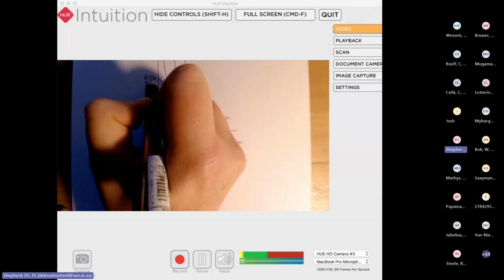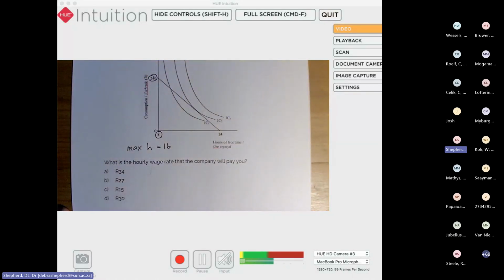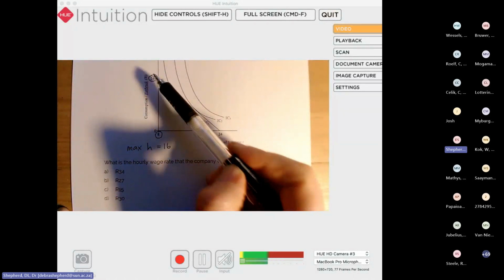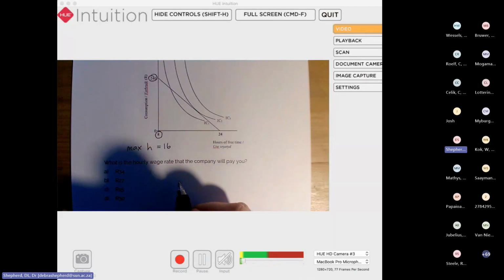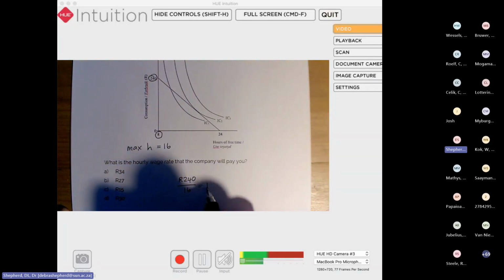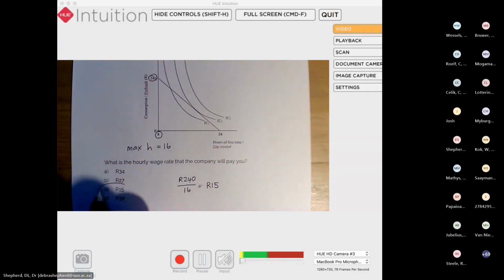So this 240 represents how much you earn when you work 16 hours exactly. So it's going to be 240 divided by 16, and that gives us 15 Rand. So the answer is C.